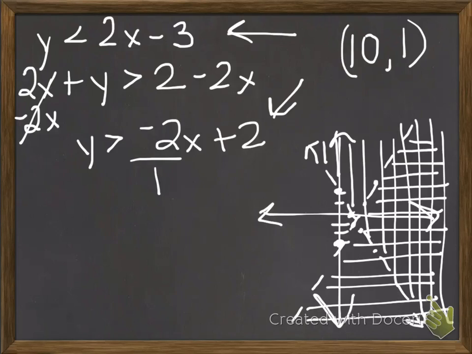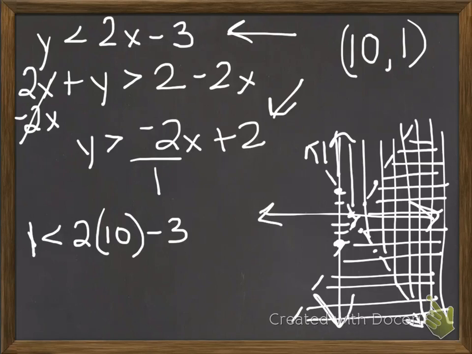Let's see if it works in both of our equations. 10 is our x, so we're going to put in 10 and we're going to put in 1 for y on the first one. So 1 is less than 2 times 10 minus 3. Is 1 less than 17? Yes. So that means that that is a point that satisfies the first inequality. If we check the second inequality, we'll be good to go.